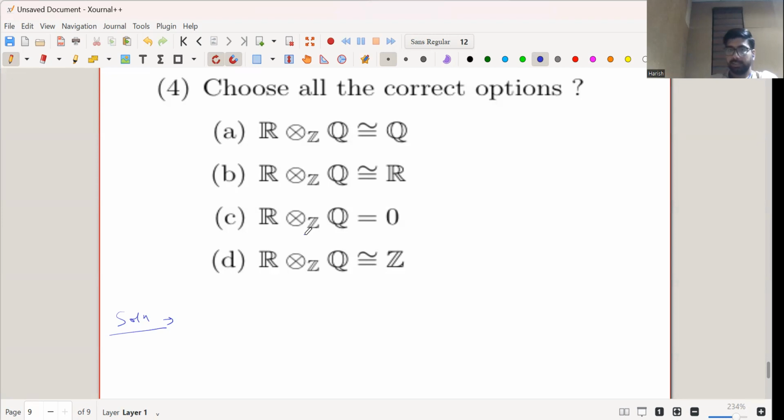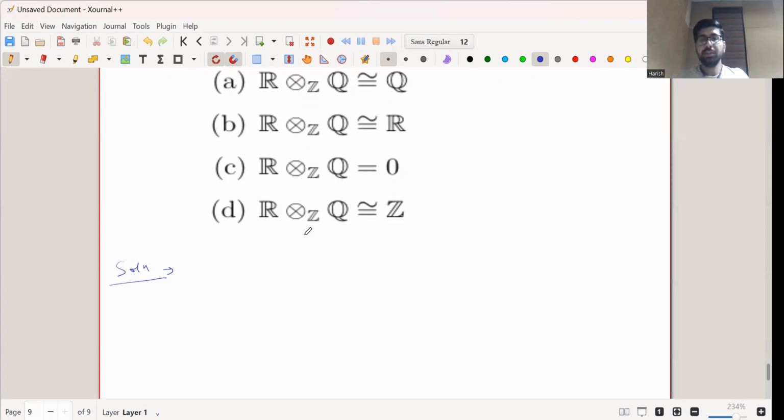So it is expected that this should not be equal to zero. One thing you can cancel out by that, but the other things need to be checked.